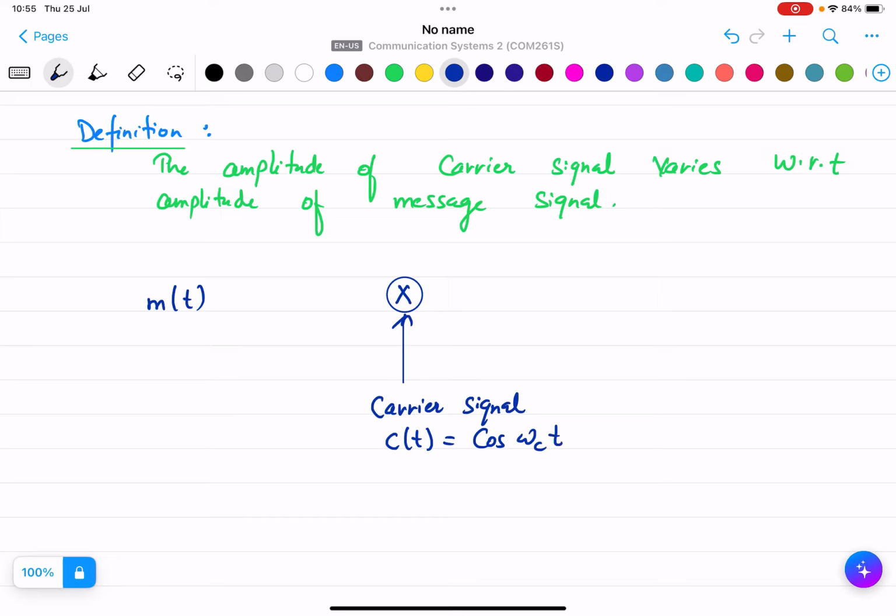That means message signal and carrier signal are going through a mixer, and I am getting phi ASK, that means an amplitude shift keying signal. Now please remember the message signal will be in digital form, not the analog form, because we are talking about PCM techniques or the digital modulating techniques.